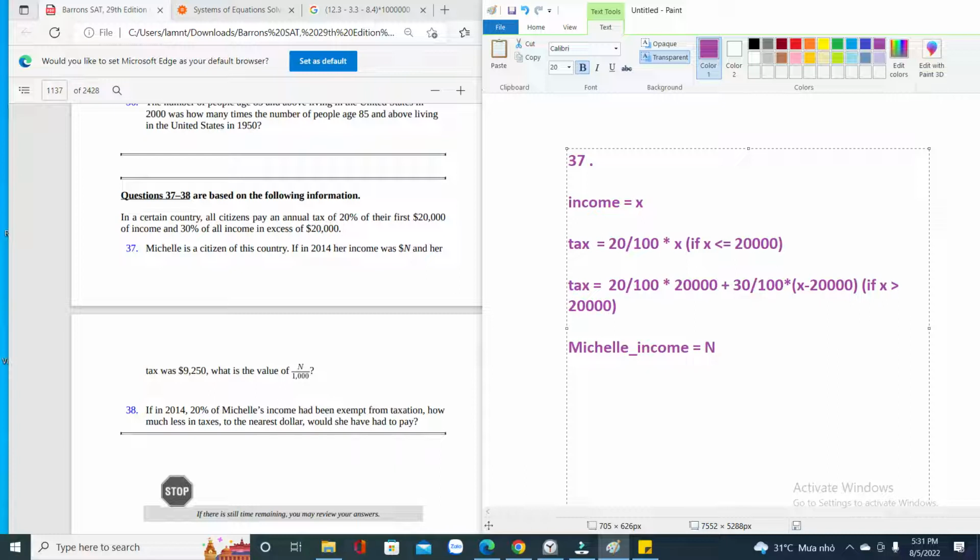So first of all, let's think about this a little bit, because it's like a branching function. We know that Michelle's tax in 2014 was 9,250, and they asked us about the value of n over 1,000. So they asked us to find n.